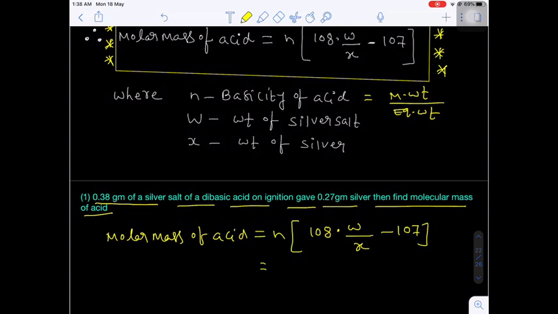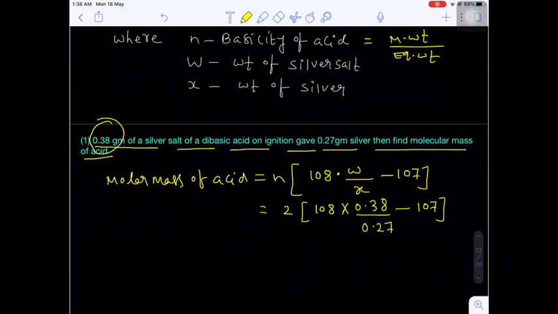What is the N here? Basicity, dibasic acid. 108. What is the weight of the silver salt given to you? 0.38. How much silver gets precipitated? 0.27 minus 107. Are you getting my point?